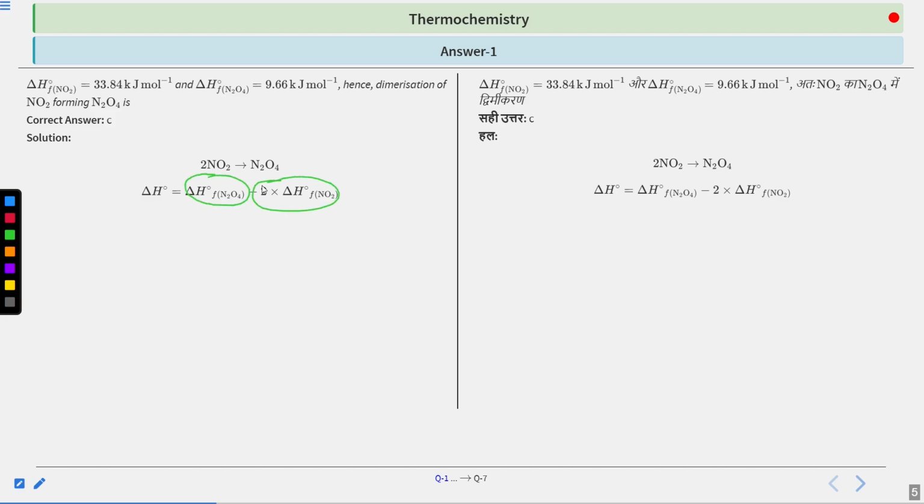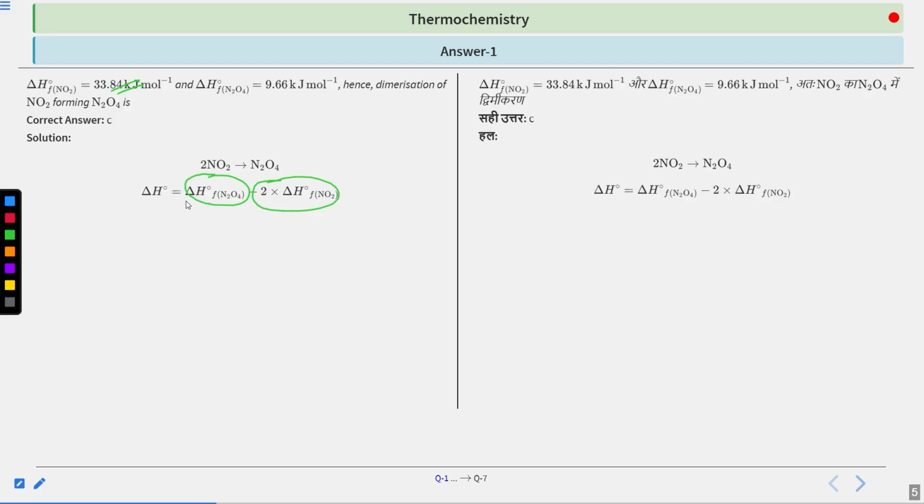Now since enthalpy is an extensive property, right? We know enthalpy is an extensive property, and the value given here for NO2 is for 1 mole, but in the equation the stoichiometric coefficient for NO2 is 2. That means 2 moles of NO2 are being used. So accordingly we will multiply the value by 2.